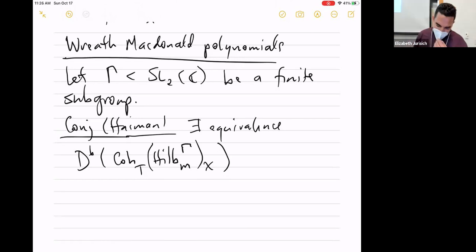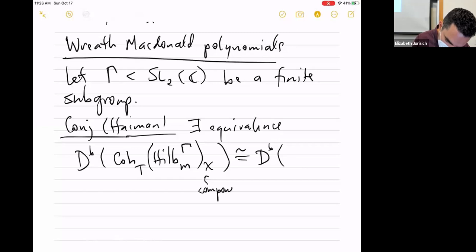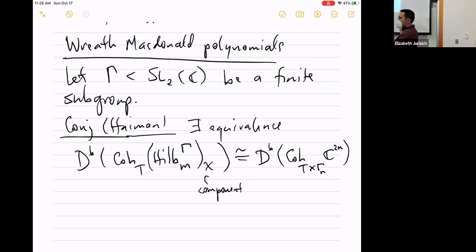So this with coherent sheaves on C^2 to the n, with a Gamma_n action. So the n and m are different, but there's a simple relationship between them, which I won't necessarily say.